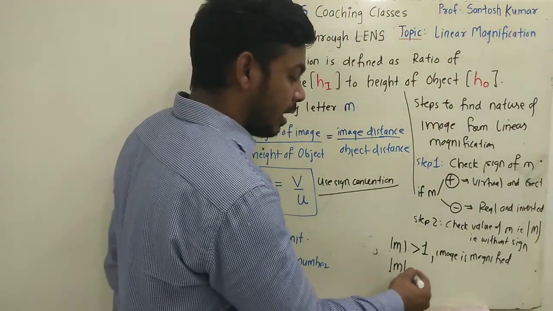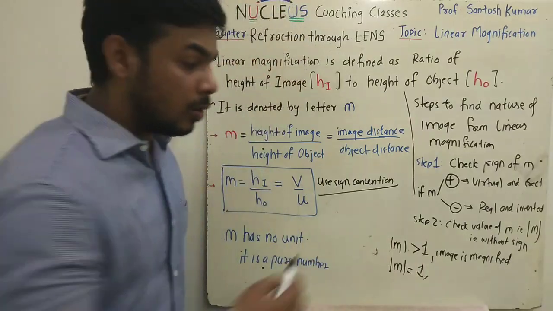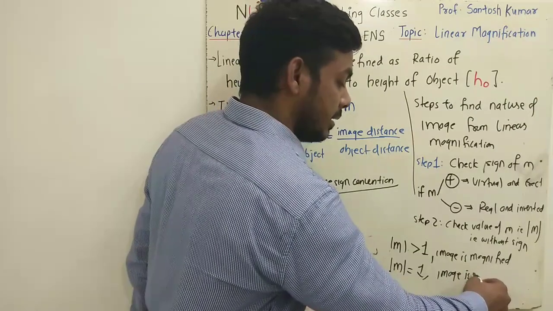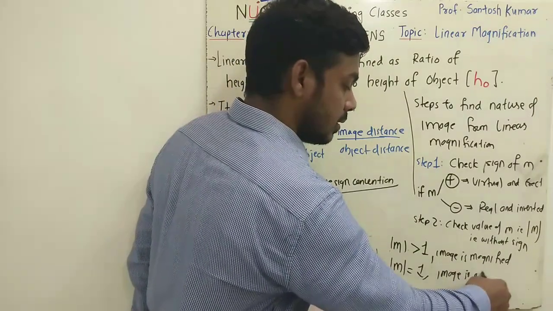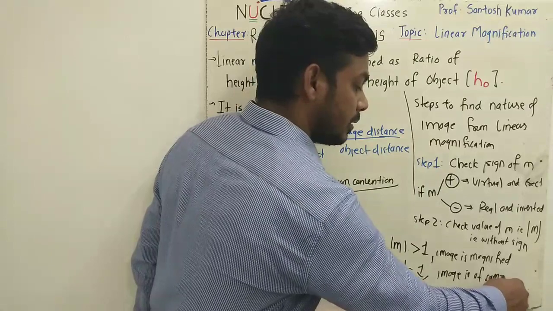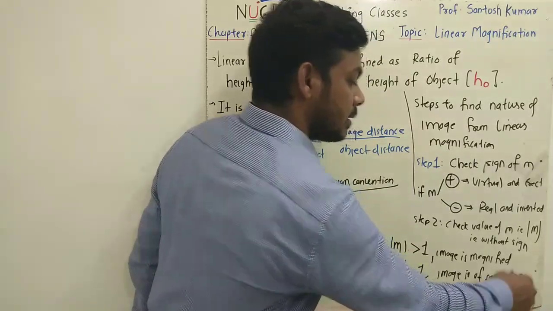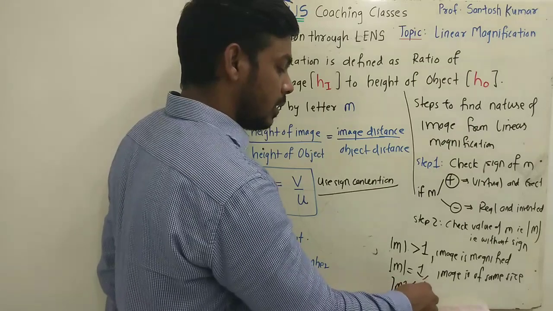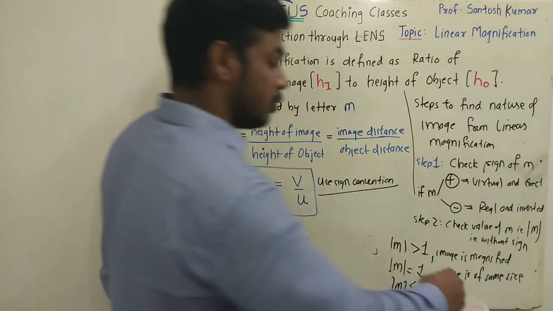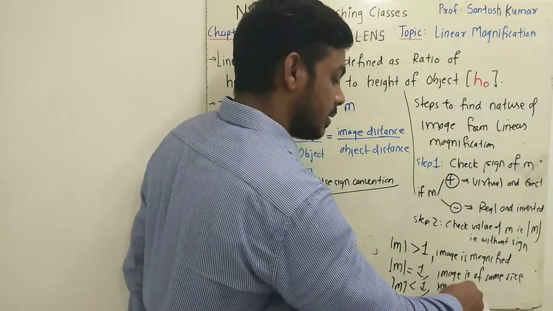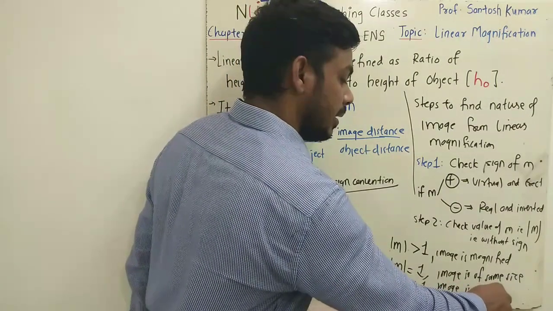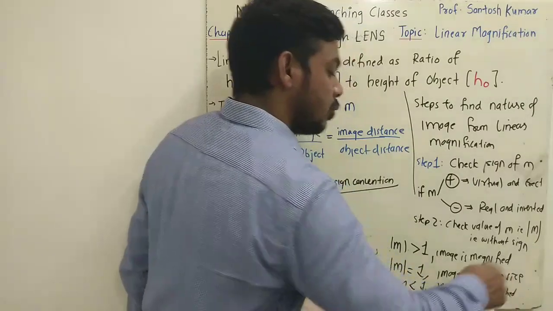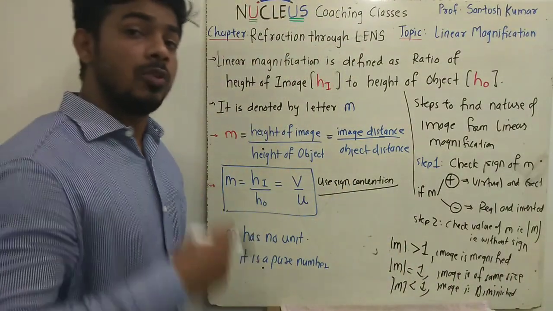If the mod M value is equal to 1, you have to say the image is of the same size. And if the mod M value is less than 1, you have to say the image is diminished. So you have to check these two steps to find the nature of the image.